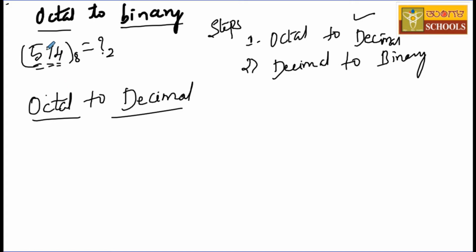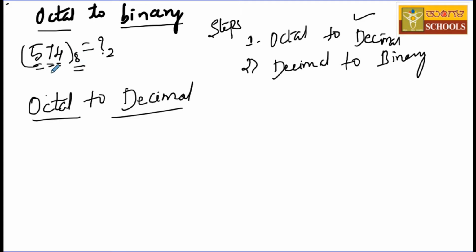How to convert this octal number into its equivalent decimal? That is very simple. Any number is given to you, whatever the base of that number may be, you multiply its digits with the powers of its base, and that becomes a decimal number.